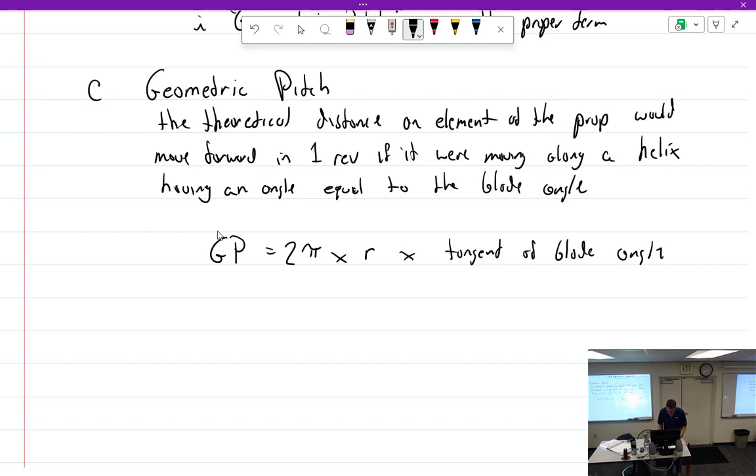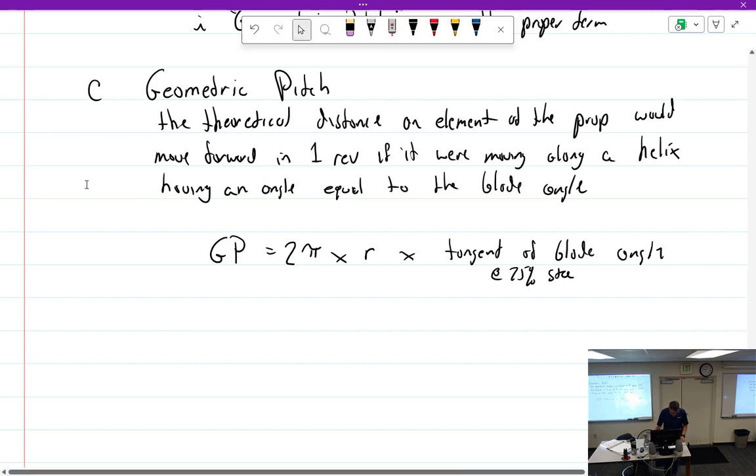That's just pi times 0.75 times diameter times tan of blade angle at 75%. Well, it's blade angle at the 75% station, so that's kind of a given. You have to get it there.